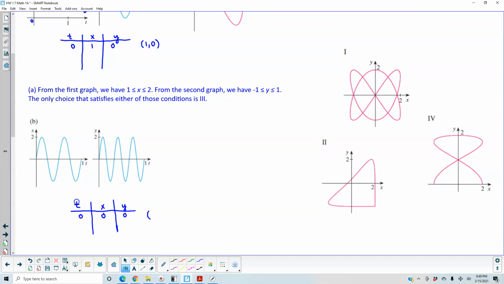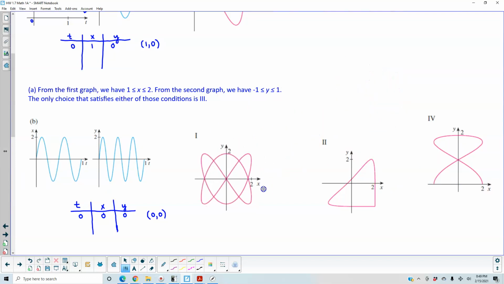So that means that when t is equal to 0, the first ordered pair is 0, 0. So if we take a look at these choices, where does it go through the origin? Well, the only one that goes through the origin is number 1. And this is the origin where t is equal to 0.